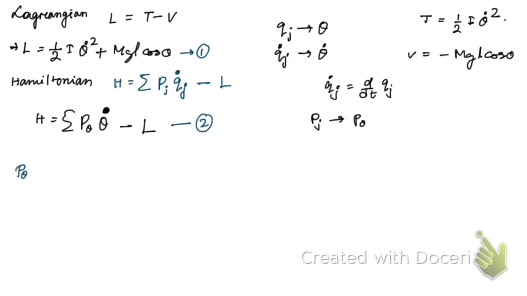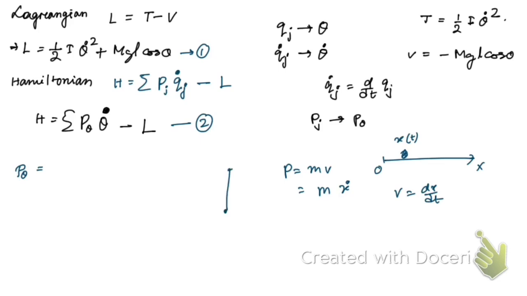Now p theta. Momentum is mass into velocity. Suppose this is the x-axis and a particle is at position x at time t. If the position x is a function of time t, then we can write the linear momentum p with v as x dot, that means v is equal to dx by dt. But in this case the compound pendulum is oscillating this way, so instead of x, our coordinate is now theta.